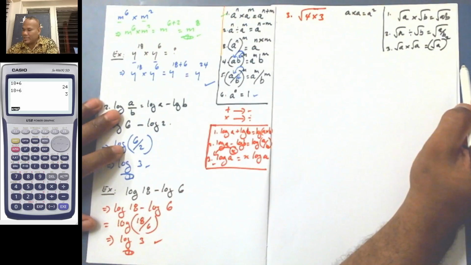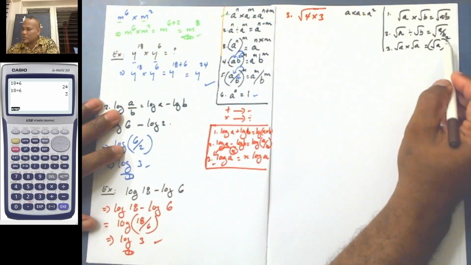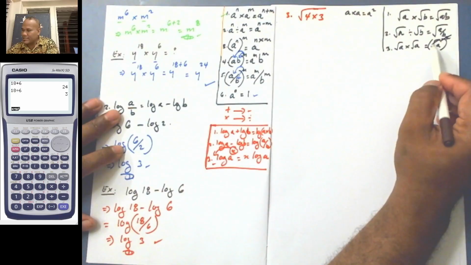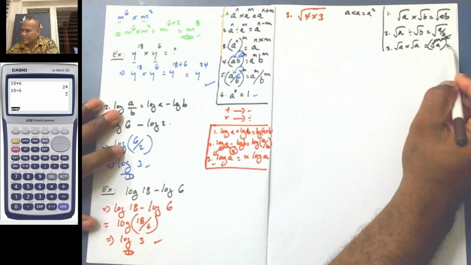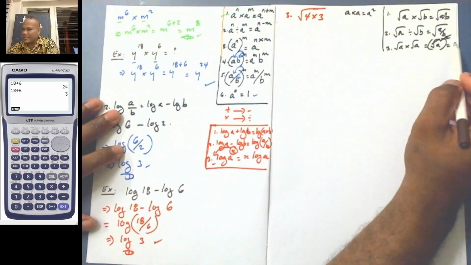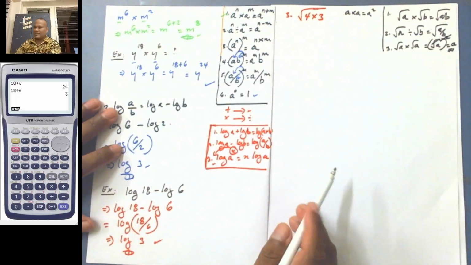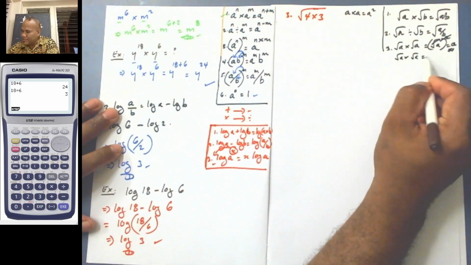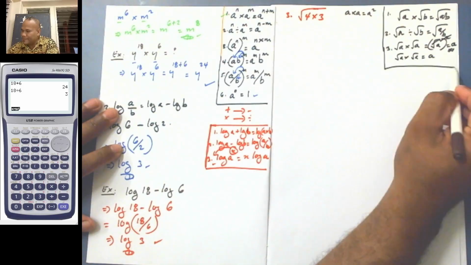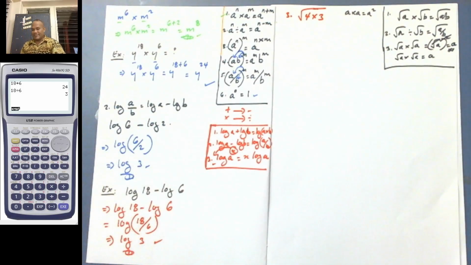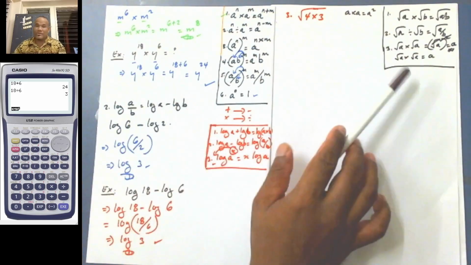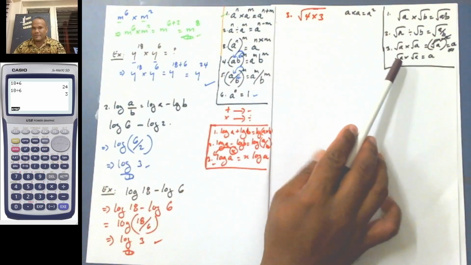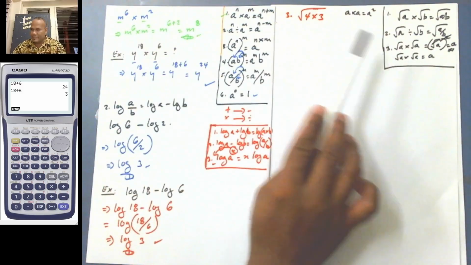And we know that the opposite of squared is square root. So they cancel out. So square root of a times square root of a is a. The square root cancels out, you're left with a. Those are the laws of square root. In answering any square root or surds question, we'll use these laws. Now let's use this concept in answering this question.